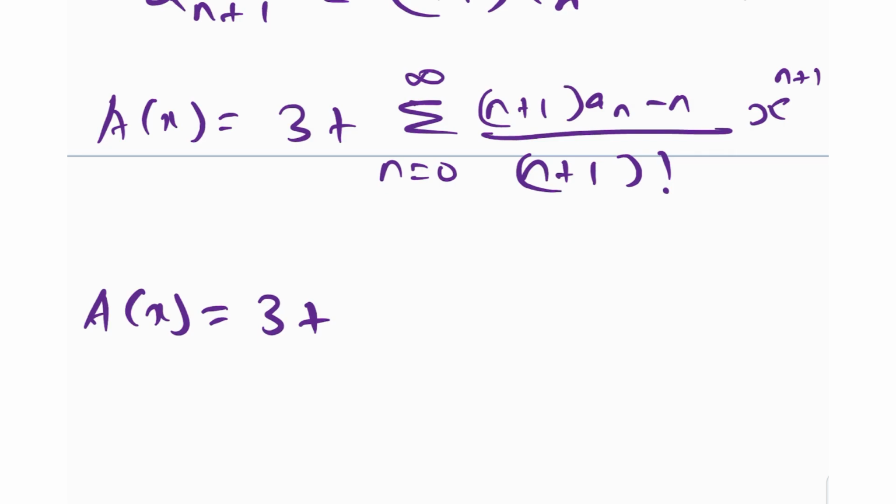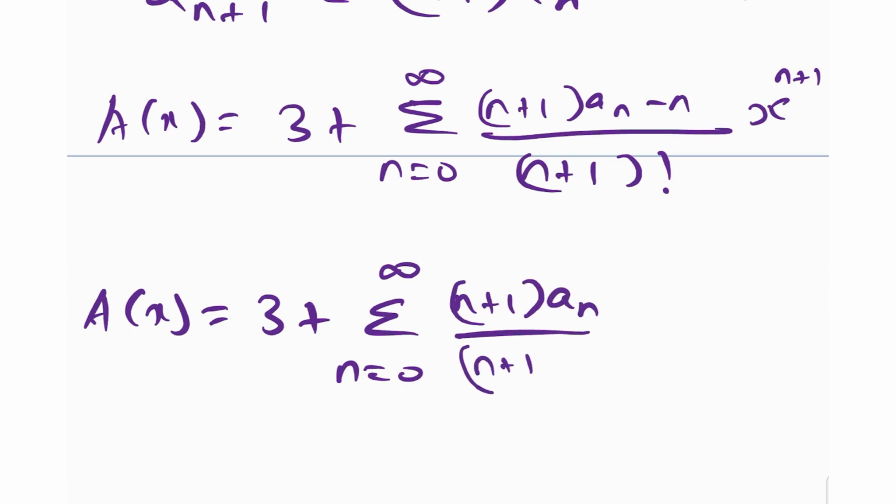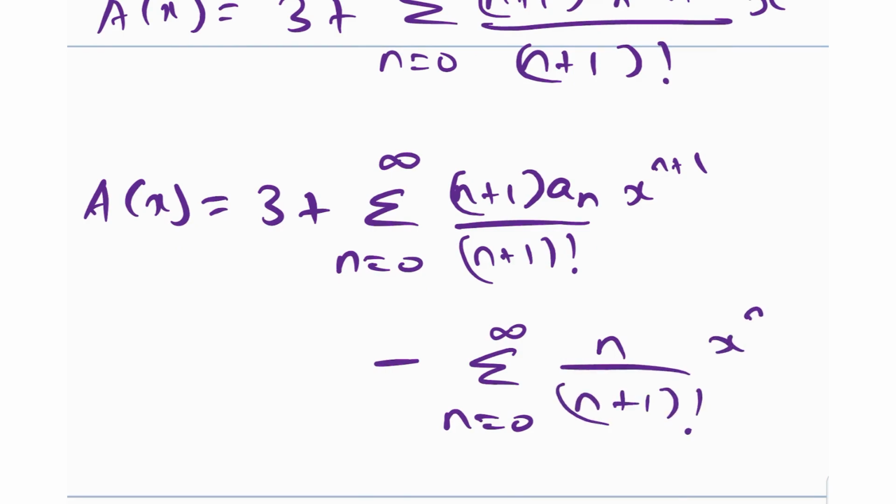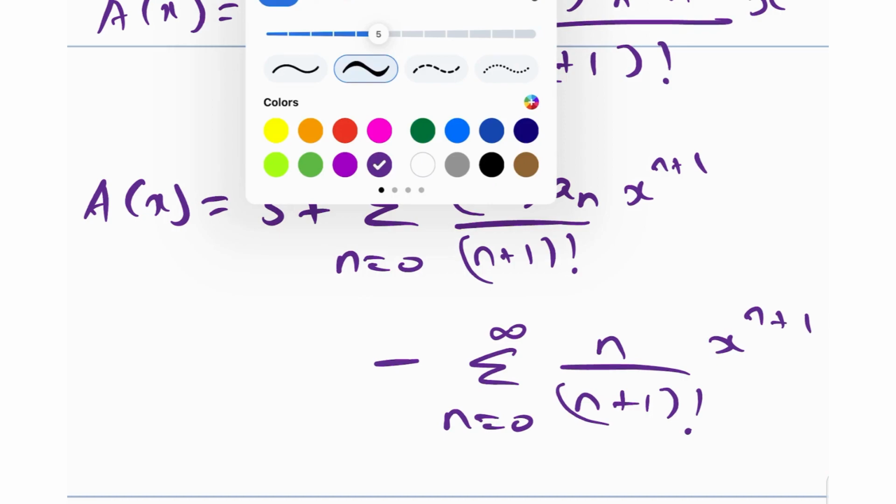Now I can just split this up. So this becomes the summation from n equals 0 to infinity of (n+1) a_n divided by (n+1) factorial times x^{n+1}. And I'll get negative the summation from n equals 0 to infinity of n divided by (n+1) factorial x^{n+1}. Okay, awesome.